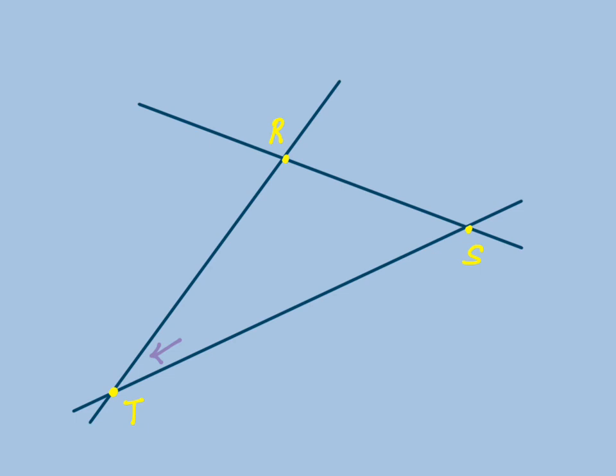But how about with 3 points? This angle is angle RTS. Let's do another one. Let's take a look at this angle to the right. This would be angle RST.